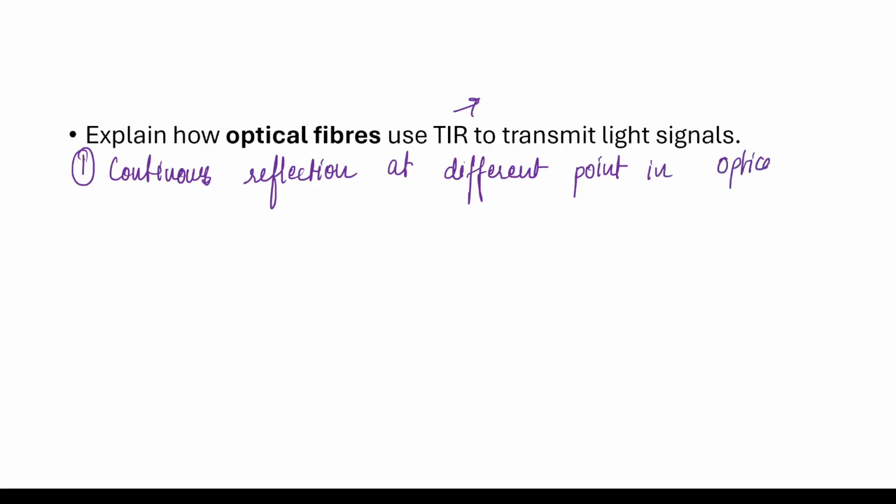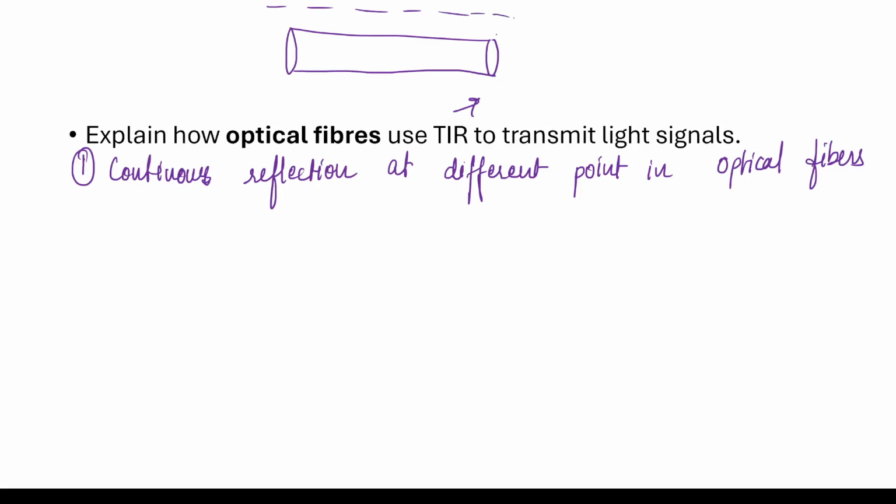Just making a diagram to aid your understanding. So this is your optical fiber core and then the cladding outside. These are multiple reflections happening.